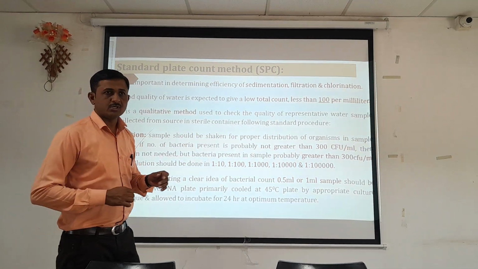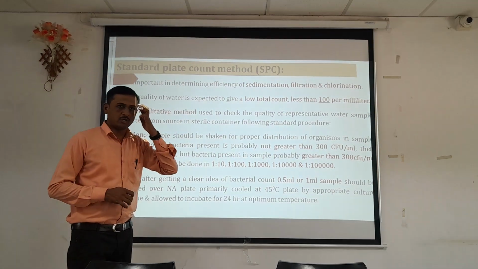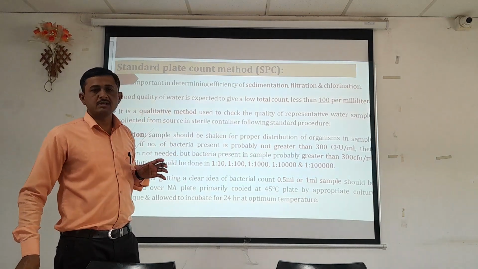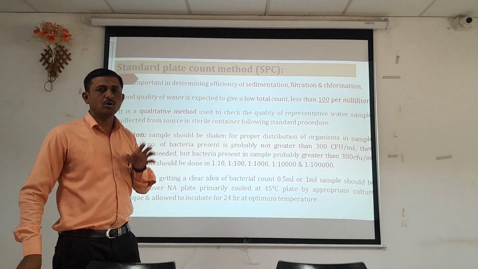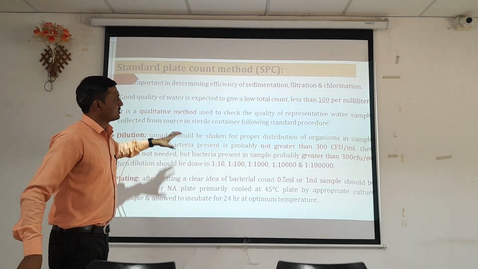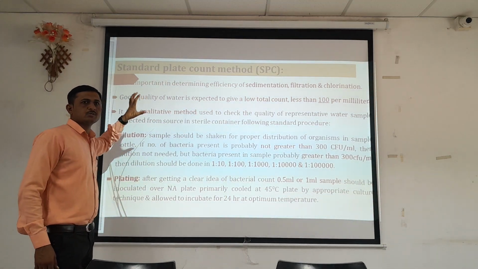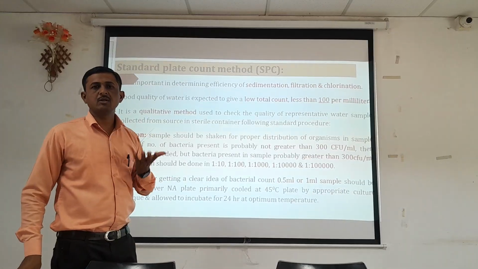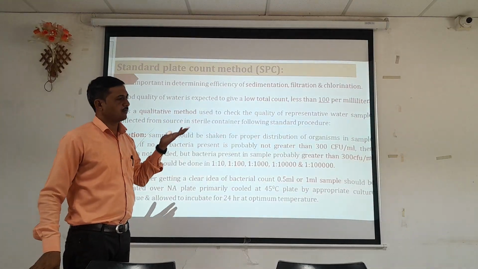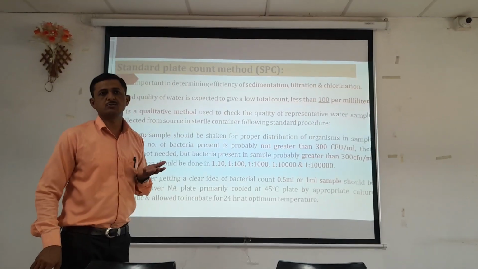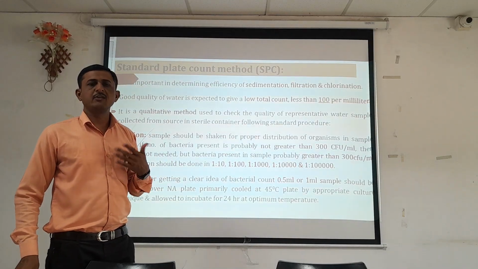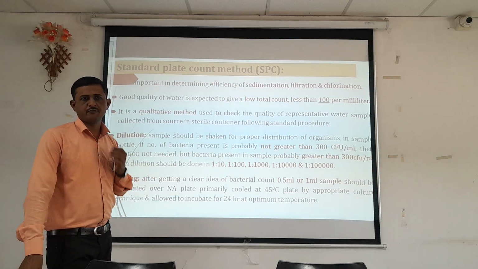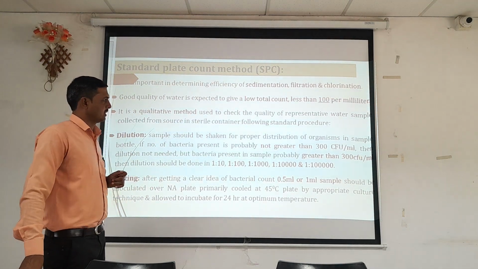That means the quality of water is good as it contains a number of viable cells below 100 per milliliter. On the basis of that, if the count is low after treatment, we can minimize it further. If excess count is present in the water source, it is quite difficult to treat, and we require more effort to clear that water.